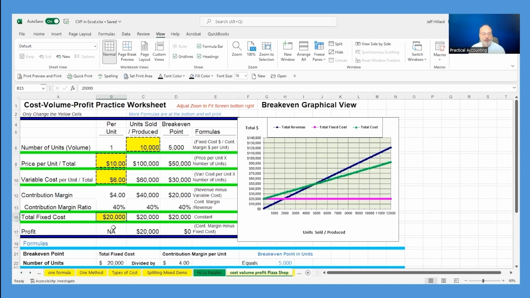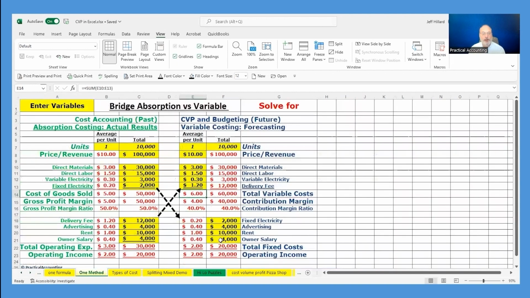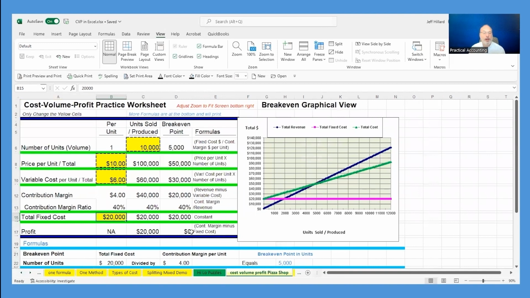We also have 20,000 of fixed costs right here, made up of fixed electricity, advertising, rent, and owner's salary. And we also have our first look at a break-even point. Break-even point is when you break even. You make zero profit, you sell just enough, and your variable costs change here.